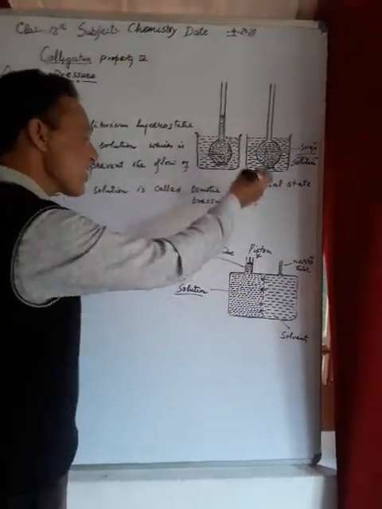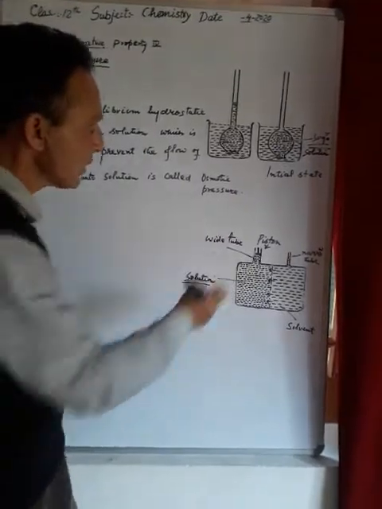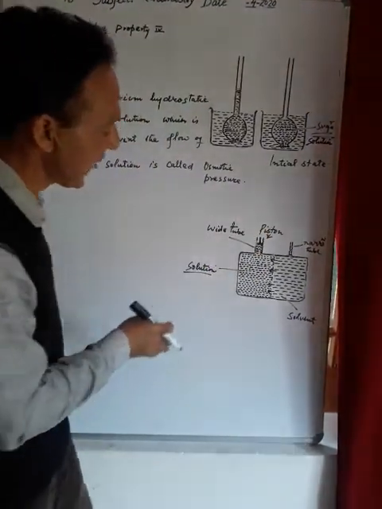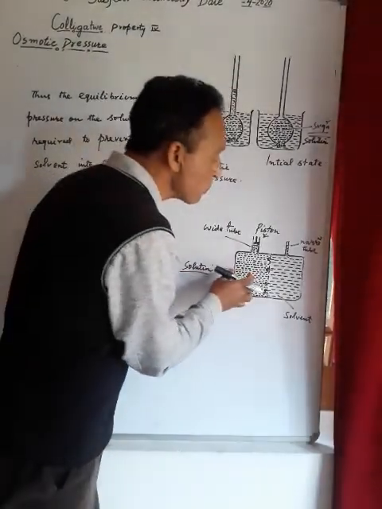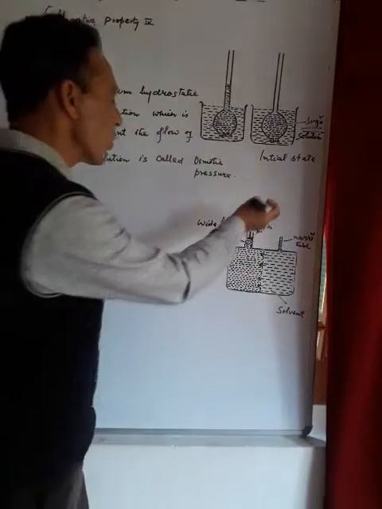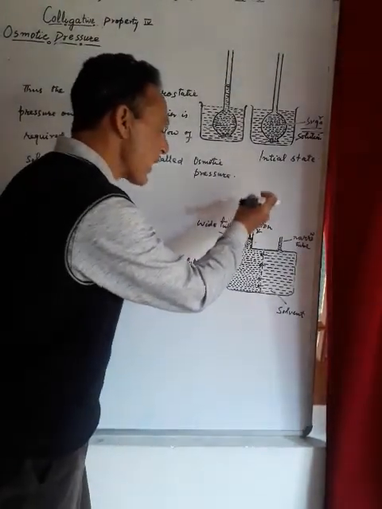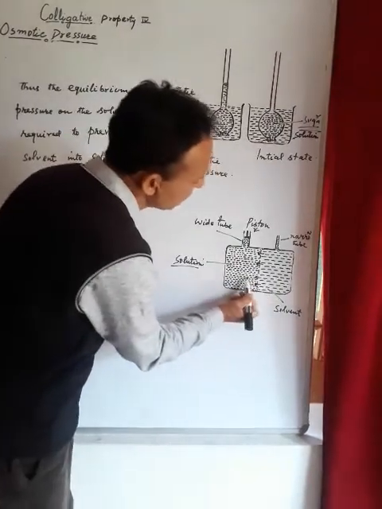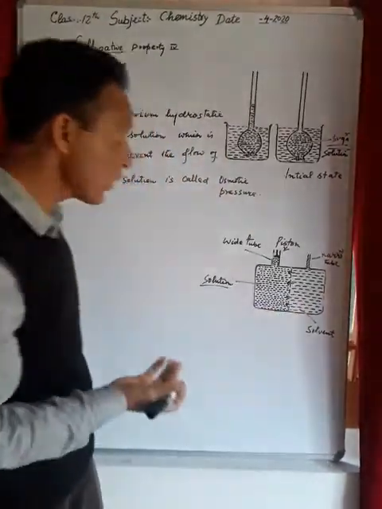We apply the external pressure. The pressure हम पिस्टन के जरिए से इस solution पे apply करते हैं ताकि we prevent the entry of the solvent into the solution. So the required pressure is applied so as to prevent the entry of the solvent in the solution. How we can note that?